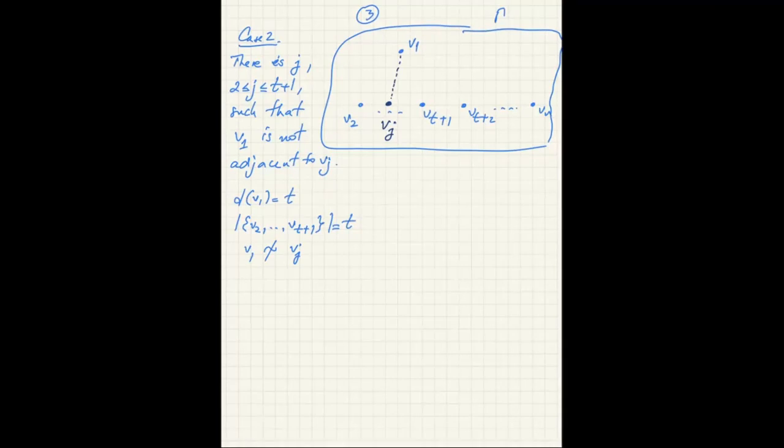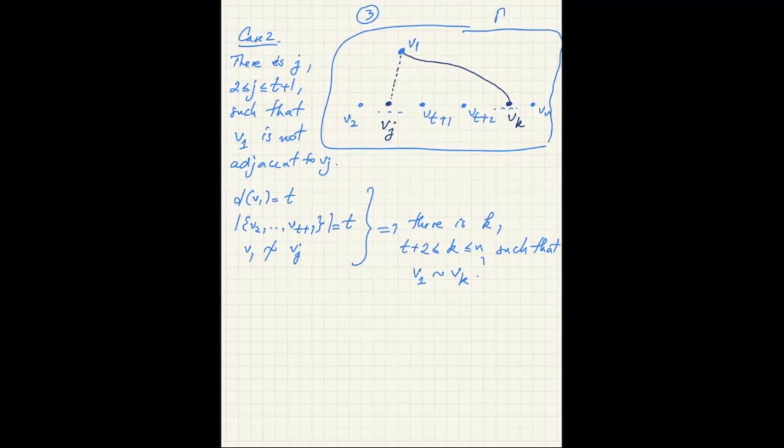So there are t vertices in this set v2 to v_{t+1}, and v1 is not adjacent to all of them, but v1 has to have t neighbors. So from here, it means that there exists k, let's say k between t plus 2 and n, such that v1 is adjacent to vk. So there must be some vertex vk such that v1 is adjacent to it.